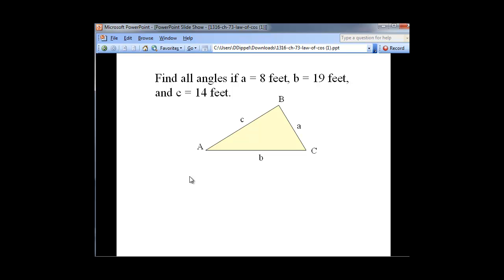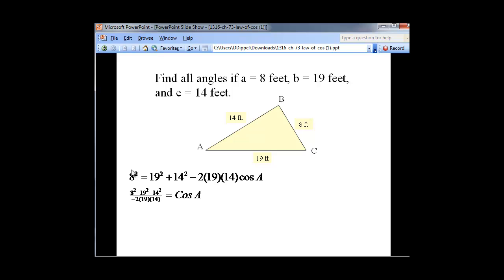Now suppose you have a is 8, b is 19, and c is 14. You can use the law of cosines in this case. Suppose you want to find A first. You could have found B or C, it doesn't matter. I picked A first. We're going with 8 squared, that's our side, equals 19 squared plus 14 squared, minus 2 times 19 times 14, cosine of A, because a was our alone side.